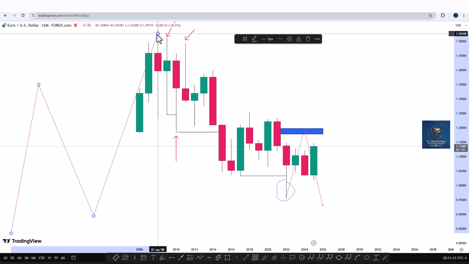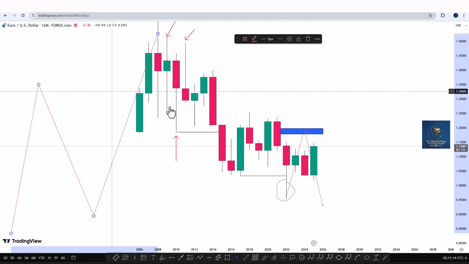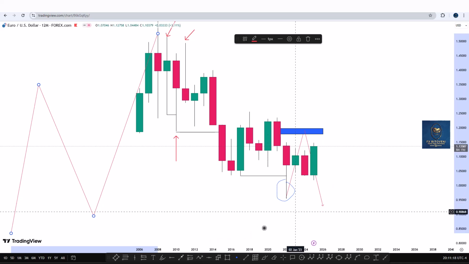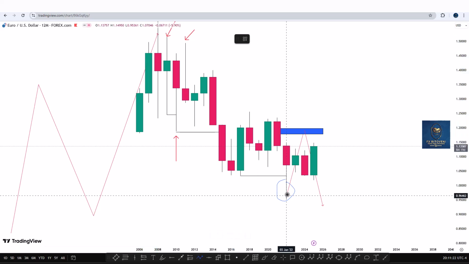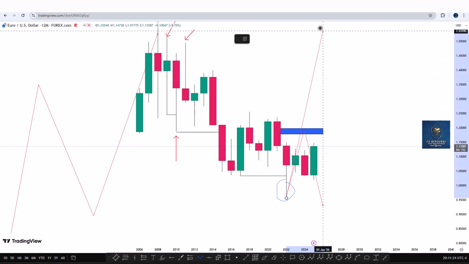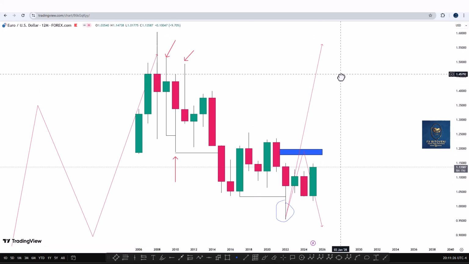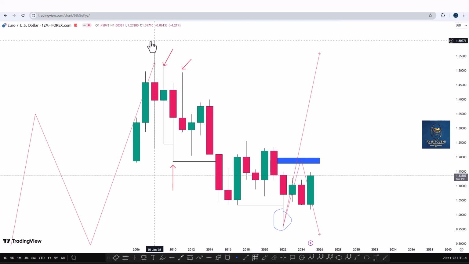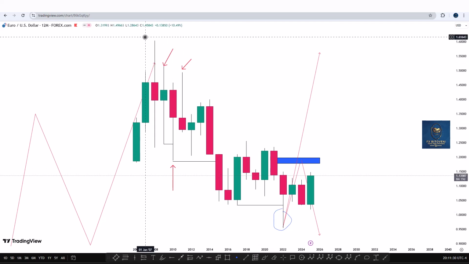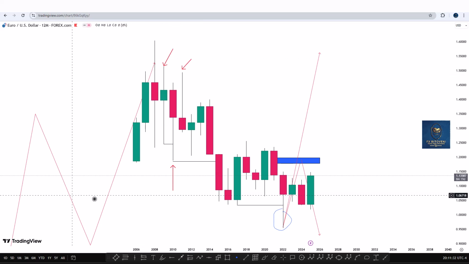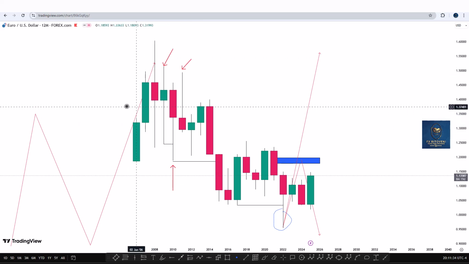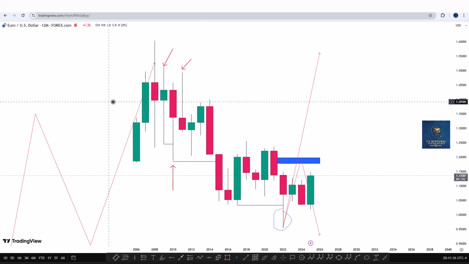So based on the past history, we may be going higher again, because all the move we have here was seeking balance on the highest time frame, like a 4 year time frame, right?